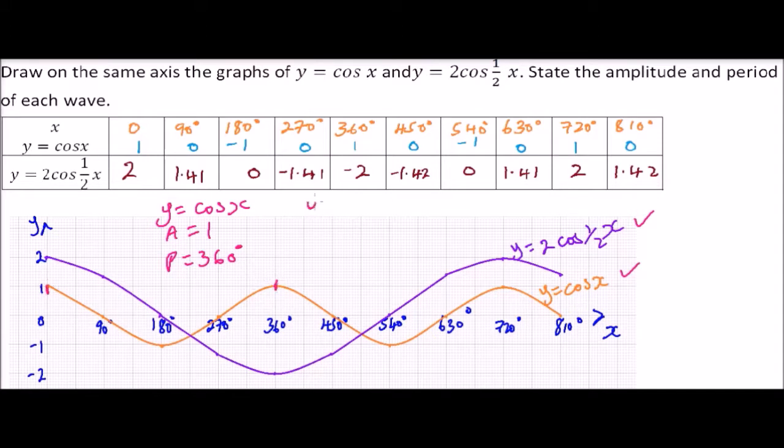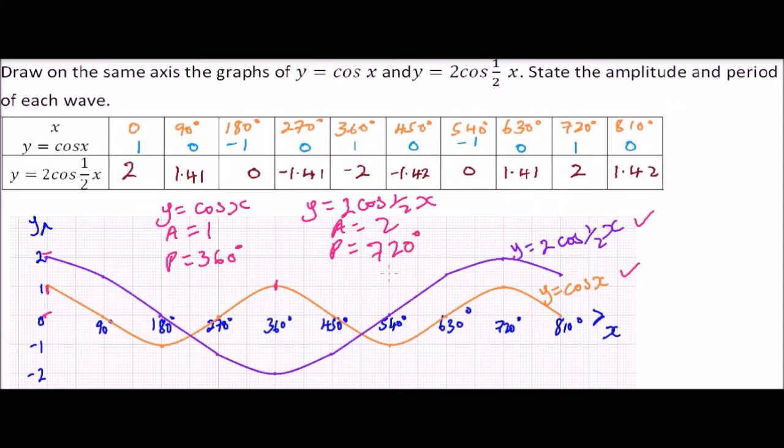Then for y = 2 cos (1/2 x), the amplitude is 2, that is from 0 to where we have 2, and the period is 720.